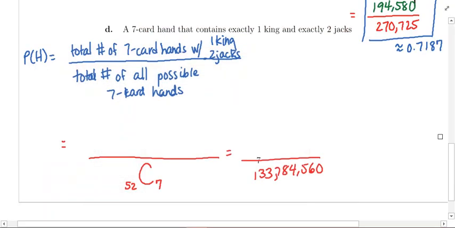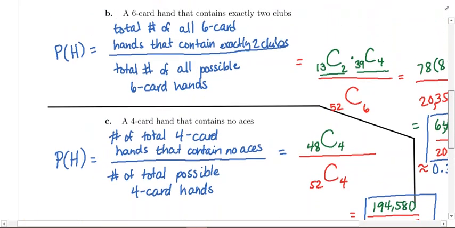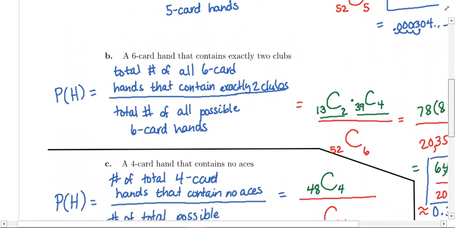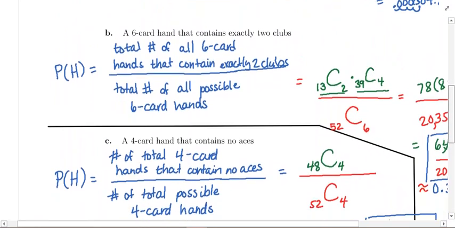All right, moving on to the top. The top, of course, is going to be a subset of all the total possible 7-card hands. We're looking for specific 7-card hands: hands that have exactly 1 king and exactly 2 jacks. This was very similar to part B, where we had exactly 2 clubs.